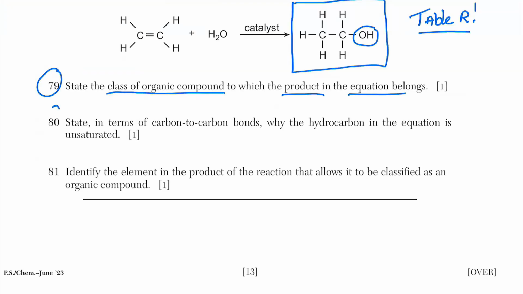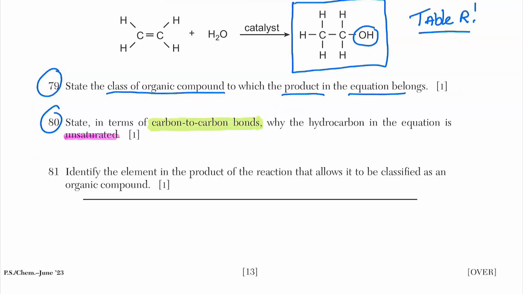So number 80, state in terms of carbon-to-carbon bonds. They're asking you to answer the question based upon carbon-to-carbon bonds. If you don't answer it based upon this way, you will not get it right. Why the hydrocarbon is unsaturated.